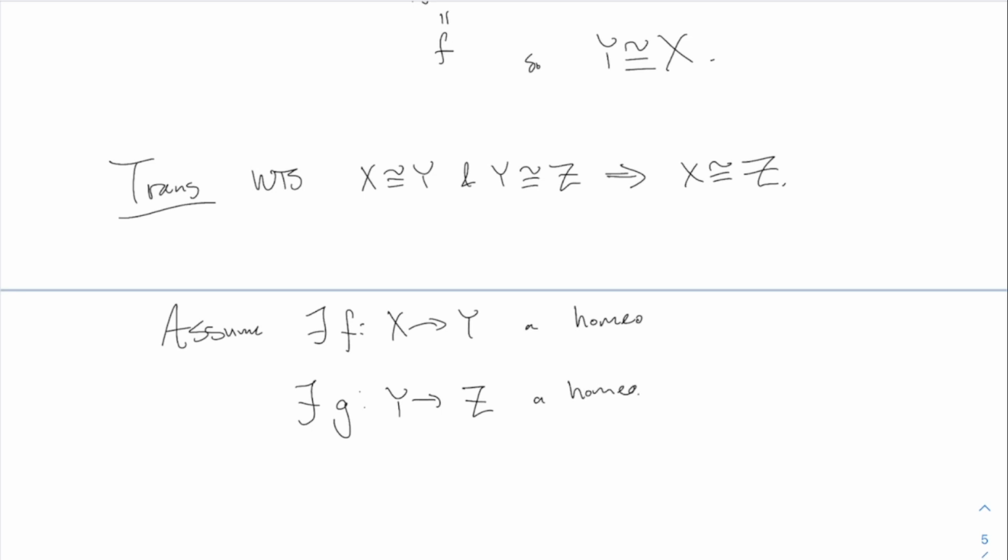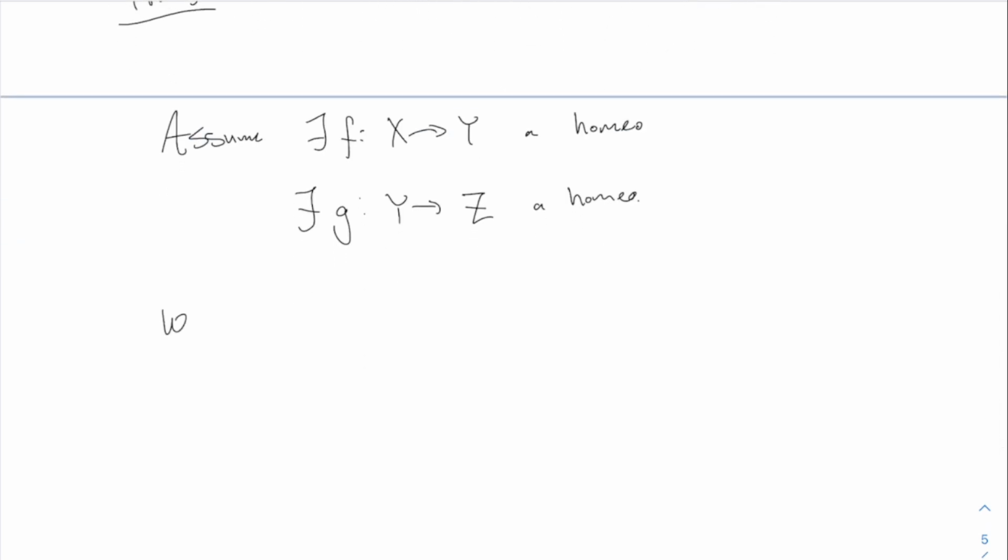And we need to create a function X to Z. That's the conclusion. It's got to go X to Z. How should we create a function from X to Z?